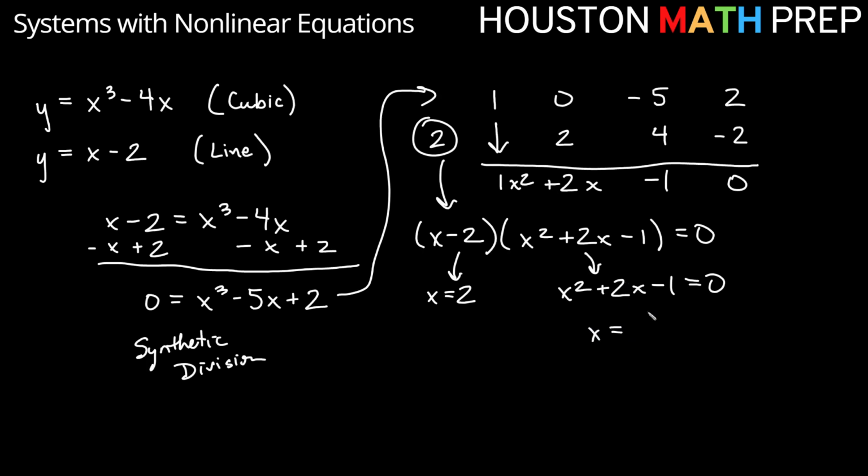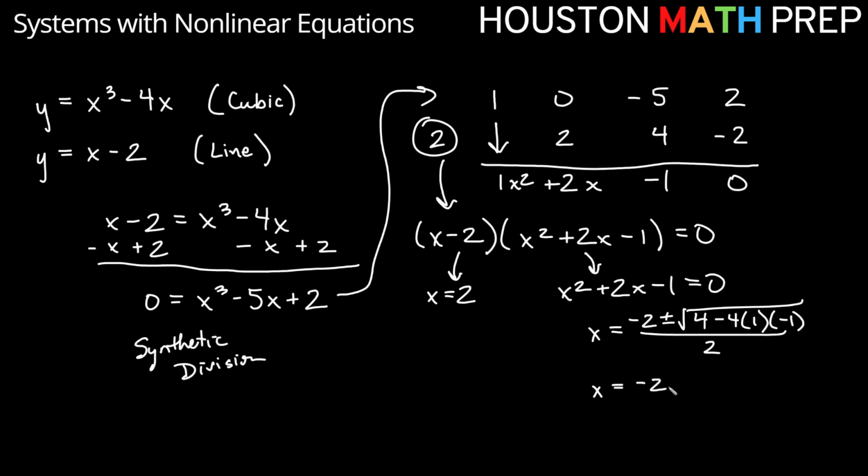So x equals negative b plus or minus the square root of b squared minus 4 times a times c, all over 2 times a, which is 2 here. And in this one, what you'll notice is this is actually 4 plus 4 under here.